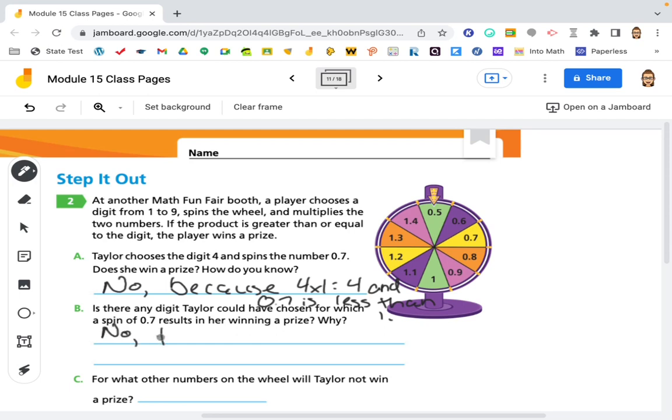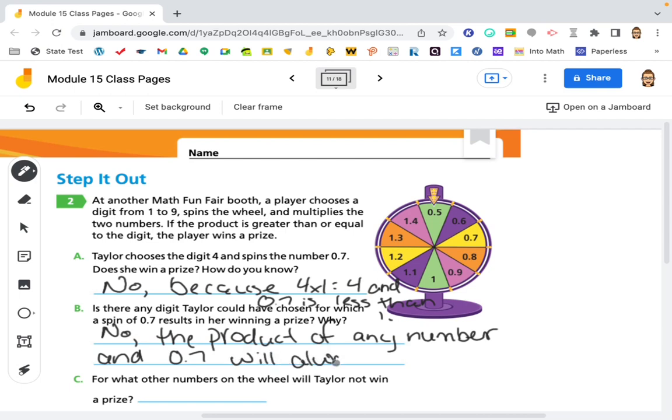The product of any number and 7/10 will always be less than that number.